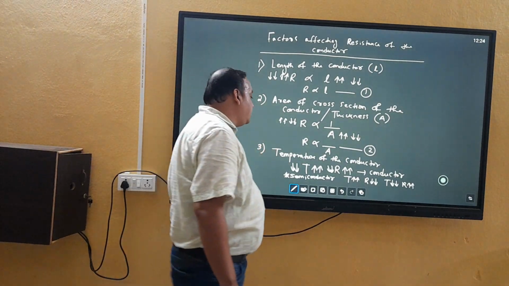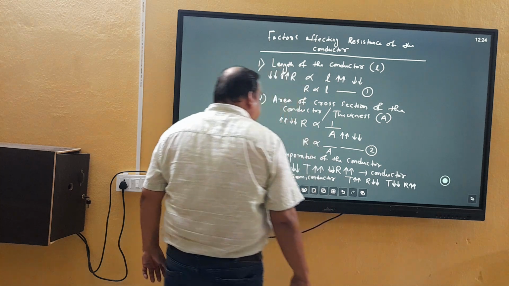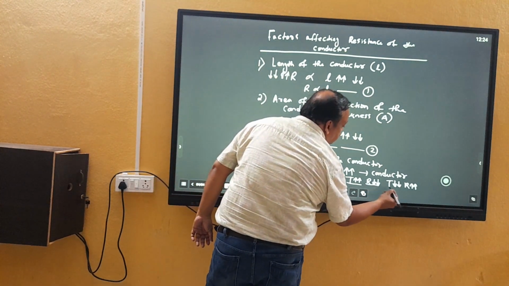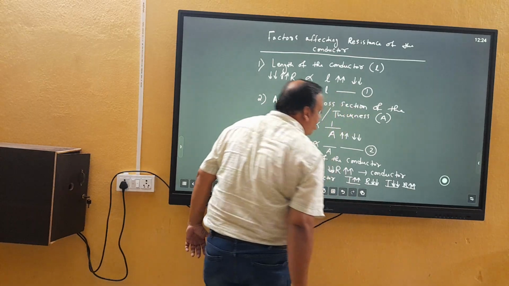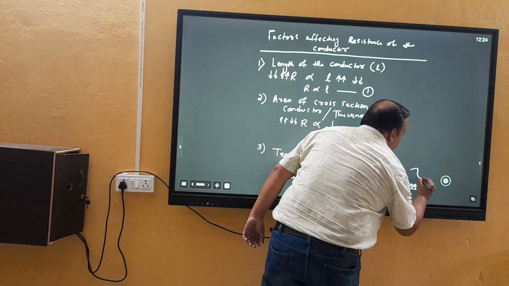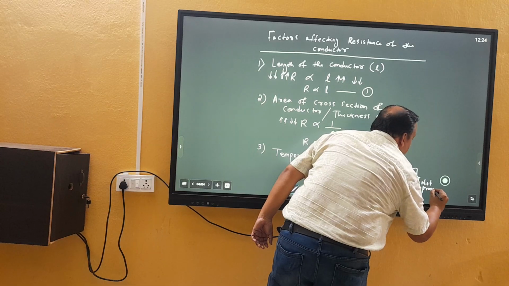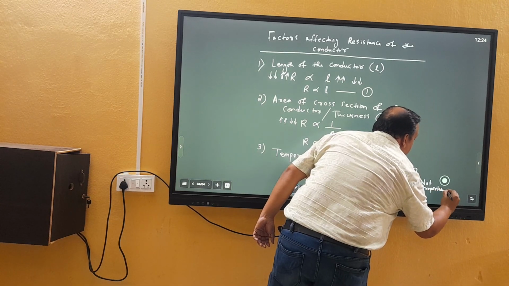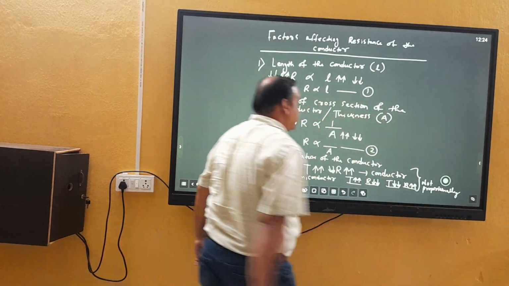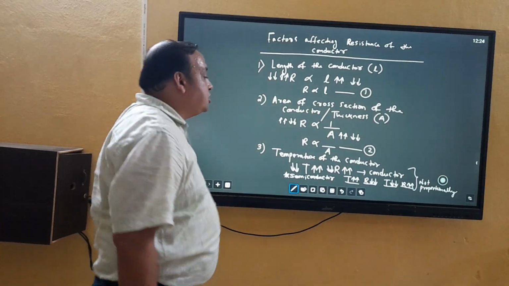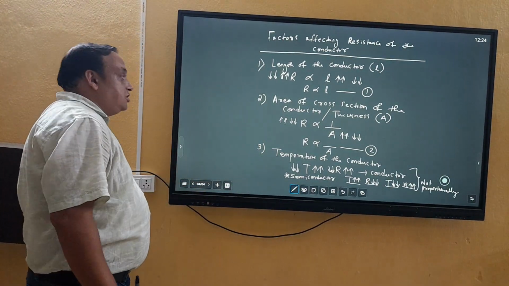Temperature must remain constant for obeying Ohm's law. With increased temperature, resistance increases, but not proportionally. We will not get any mathematical proportional relationship between the temperature and resistance.